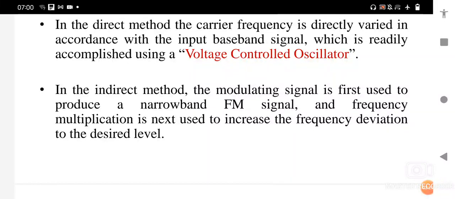The next process is frequency multiplication, to increase the frequency deviation up to the desired level. We use these two methods to generate frequency modulated waves.